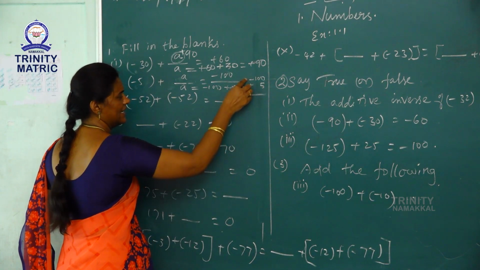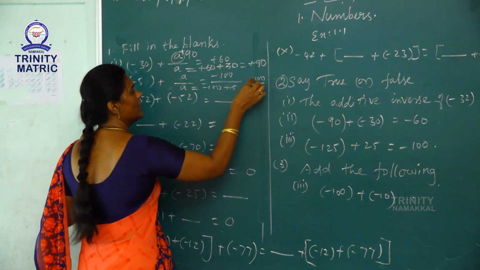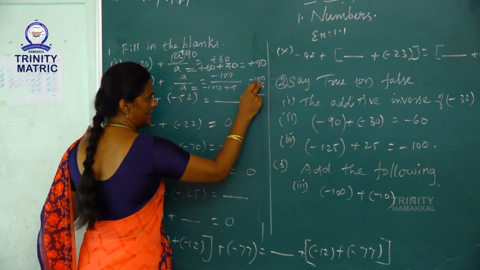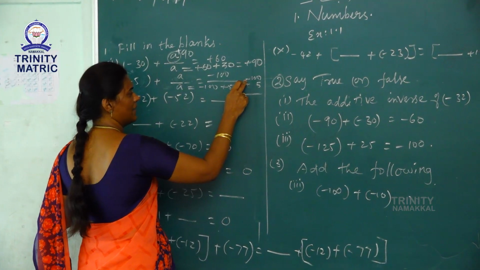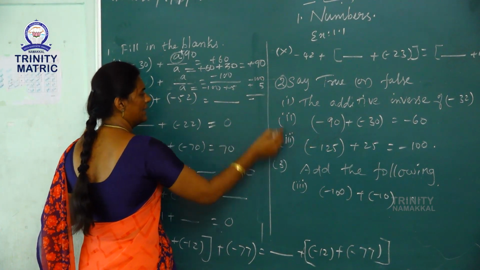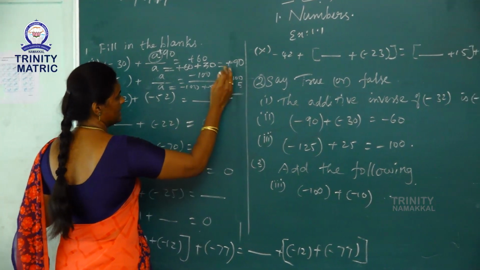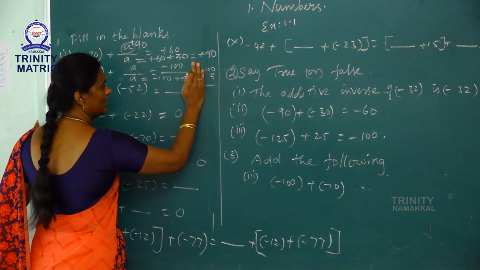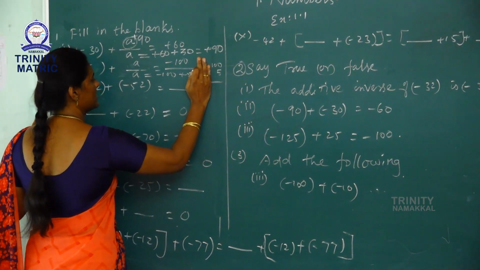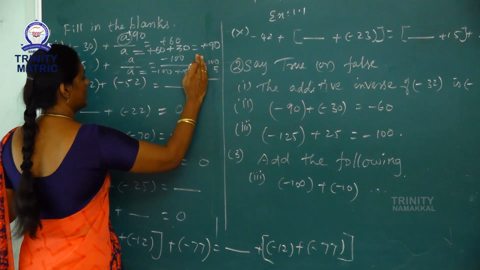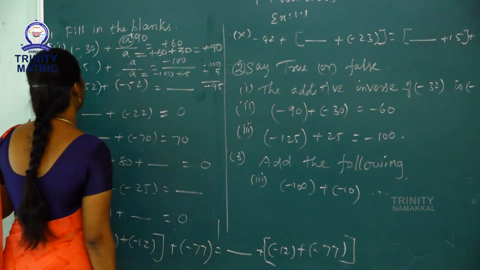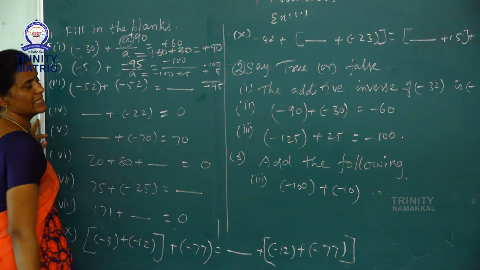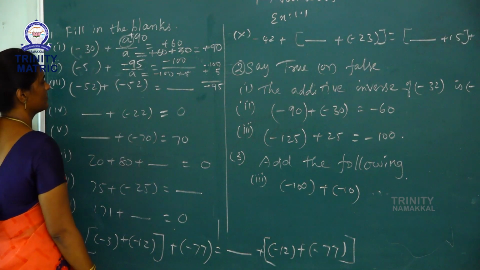See here the signs are different, so we subtract these two numbers. Here 100 is the greater number. In front of 100 is minus, so the answer will be minus. Now you leave the sign, just see the numbers. Find the difference between the two numbers, 100 and 5. What is the answer? Yes, 95. See here, minus 5 and minus 95, we get the answer minus 100.